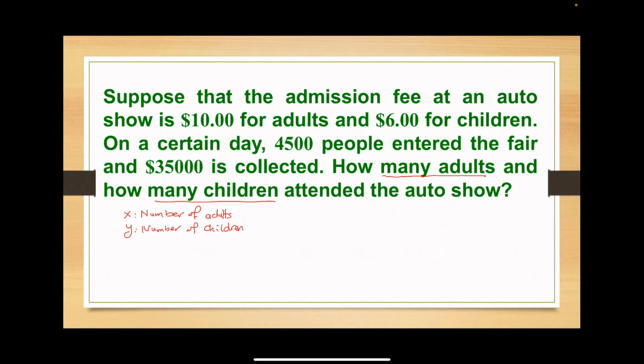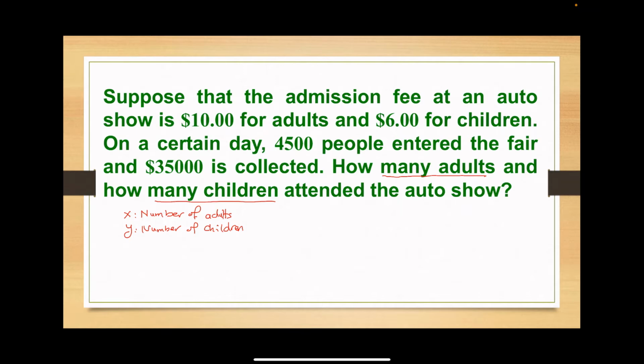Now, in order to do a system of linear equations, we need two equations since we have two variables. The advice here is to have three numbers in each equation. What do we mean? Let's read the question again.